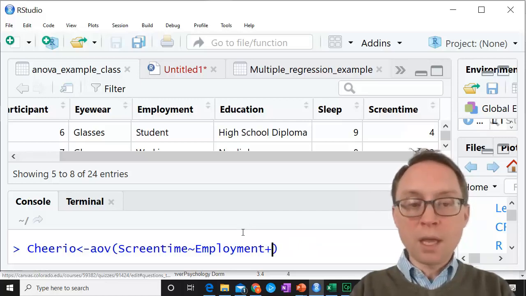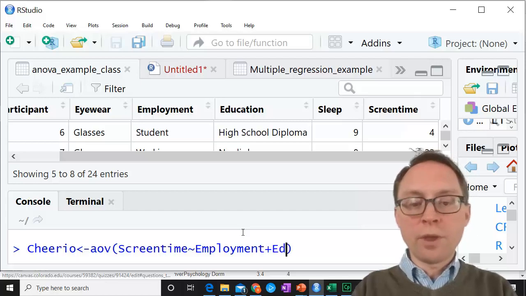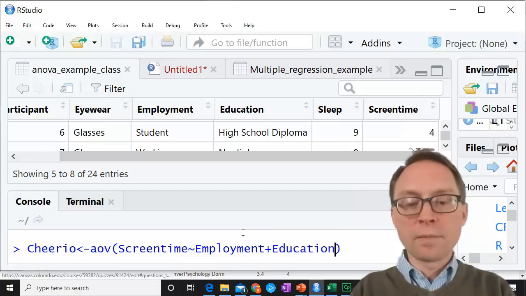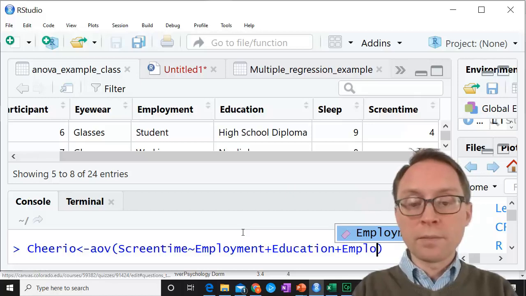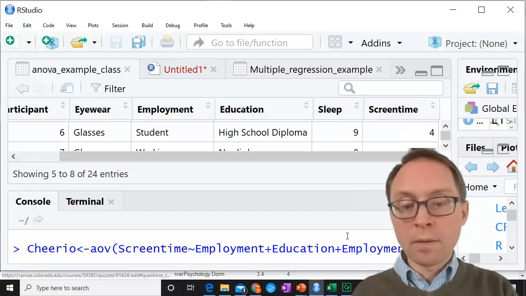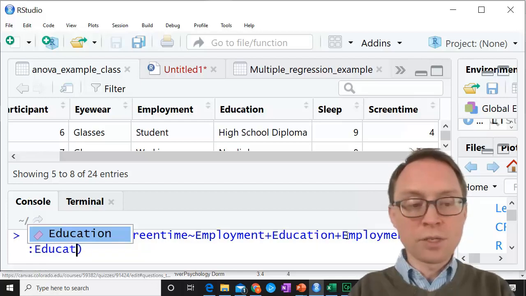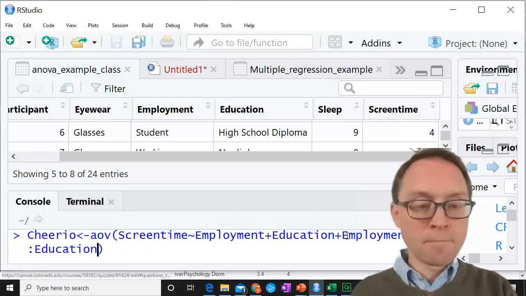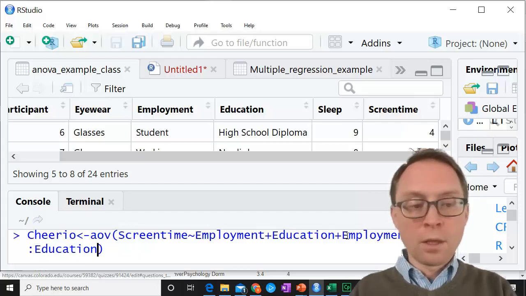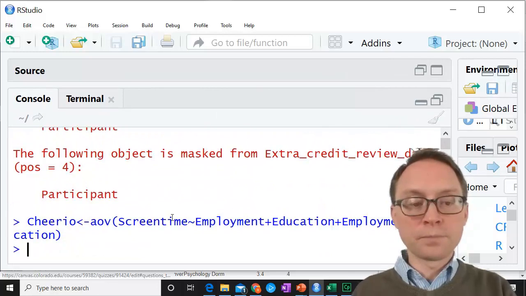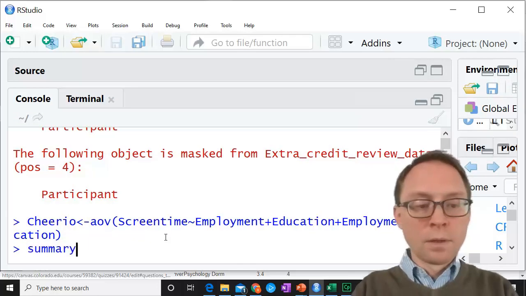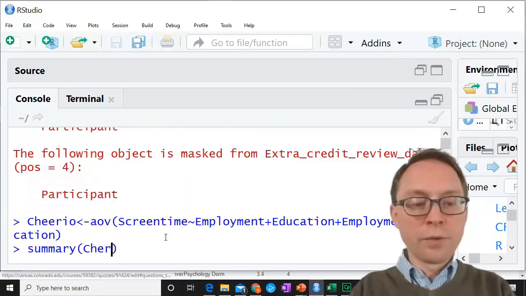But I also want plus education, whether or not you have a high school diploma, plus the interaction between employment and education, which is employment by, and I use a colon for this, education. All right? And when I do this, this is what I'm going to get. Let's pull this up. I want the summary of Cheerio.